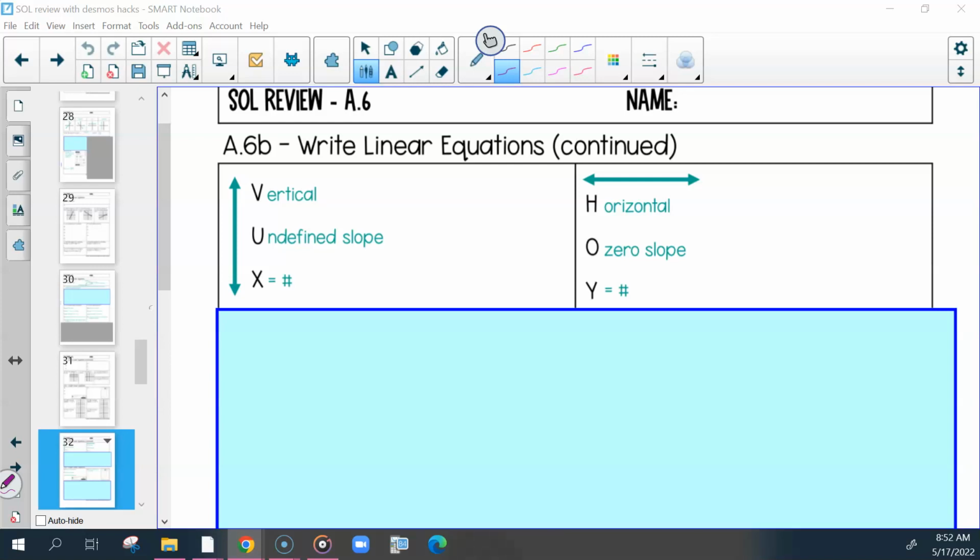For numbers 16 through 19, do we need to see any of those in Desmos? Aubrey? 18. Okay. So what we would do is type in these two ordered pairs.